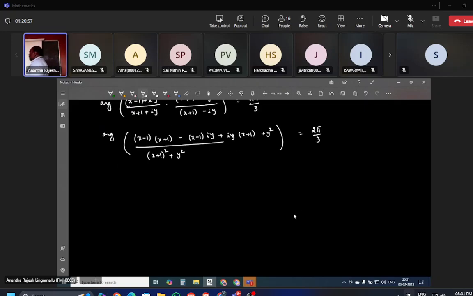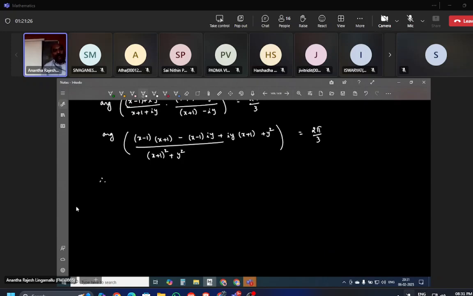Now clearly it is a complex number, the numerator. And what is the meaning of argument of a complex number? Tan theta. What is the tan theta? y by x. That means here this fellow won't contribute anything. So what is y? Imaginary part by real part is equal to this much angle.